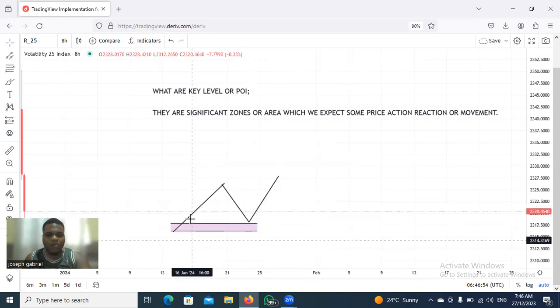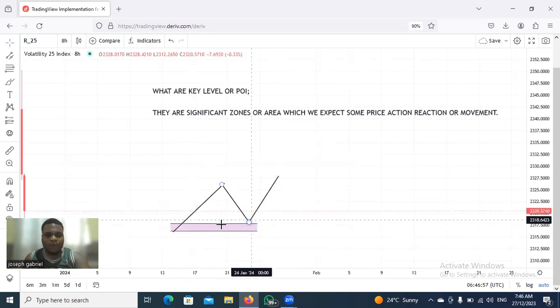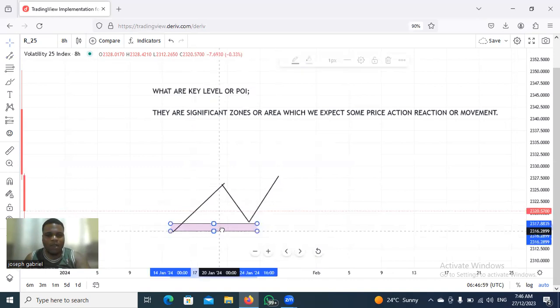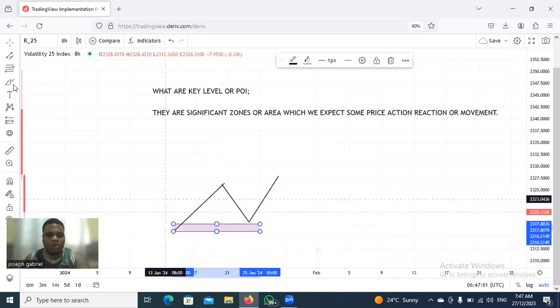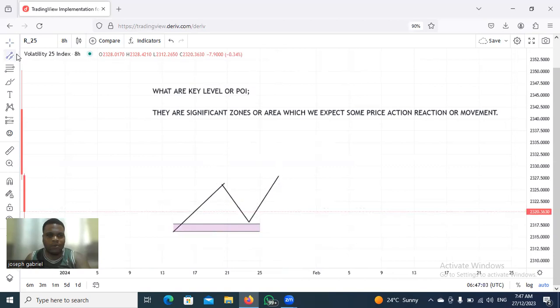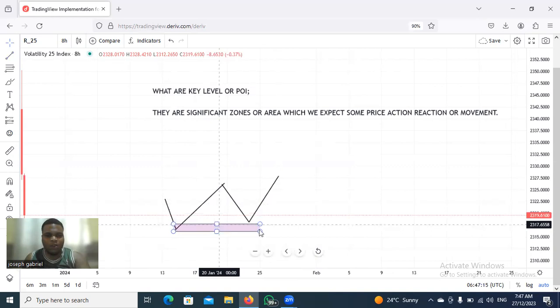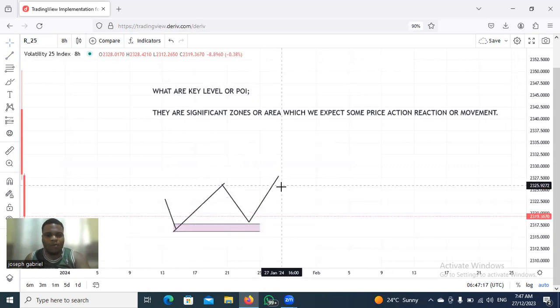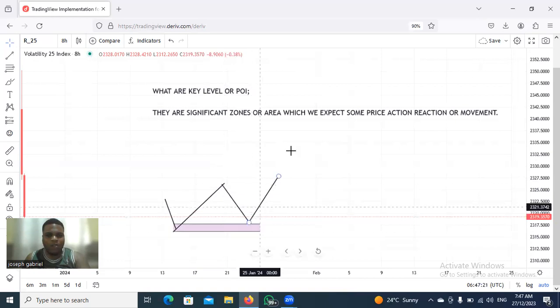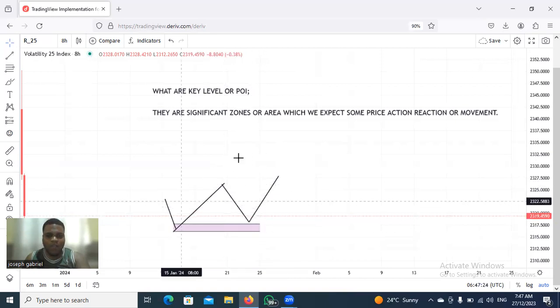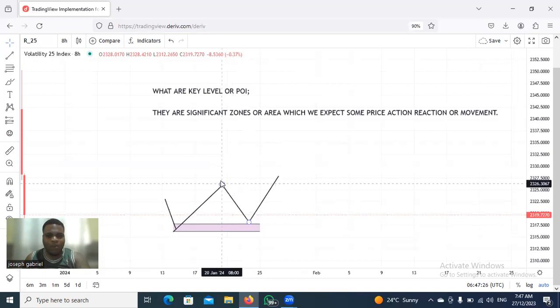Can you see this now? So as price moves, it comes back here. Now I'm marking this support or order block around this place, or this zone here. So this becomes my key level, which I'm expecting the market, when price comes to this area, then to push. So I'm just giving us an instance of a key level.